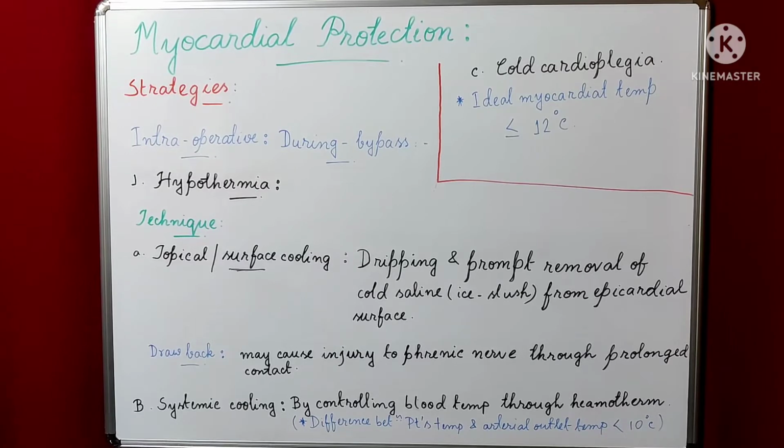So for different surgeries we use different degrees of hypothermia. Usually for ASD or CABG, that is coronary artery bypass grafting and atrial septal defect repair, we usually use mild hypothermia, that is almost 32 to 35 degrees.